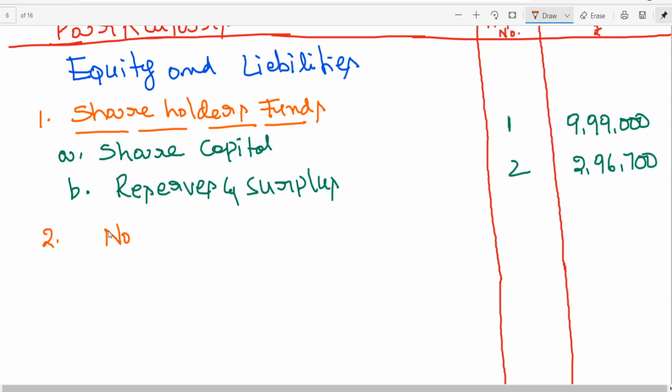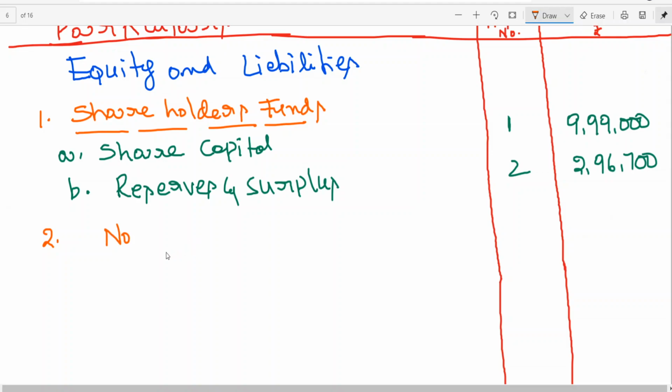Only the main things and subheadings which are given in the problem, you write. If you can remember, you can write it, but it is a waste of time. In the examination, you won't have the time to write the entire format. Even the study material doesn't expect you to write the entire format. Only the relevant things which are given, you should write. The entire format covers the possibility of having maximum items. That is what you should remember.